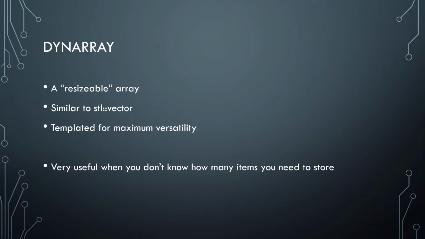We don't have the time to delve into making a one-to-one analog to the vector, so we're going to look at just some of the key functionality, and we can understand the pros and cons of using a vector, because a vector is not going to be the best data structure for every situation.